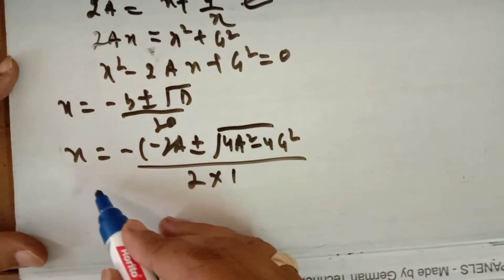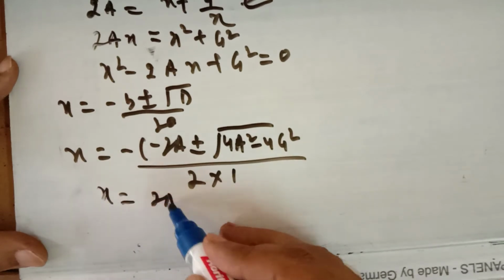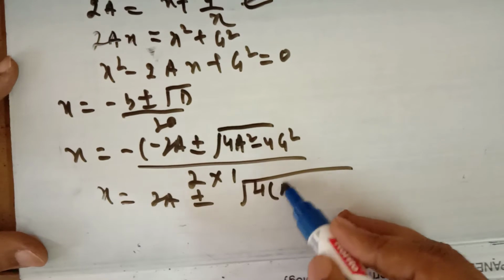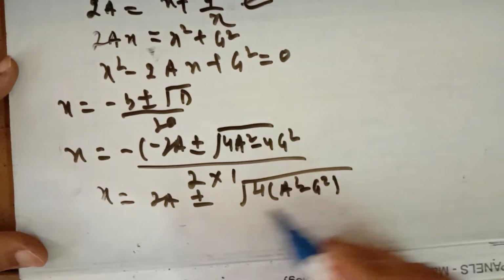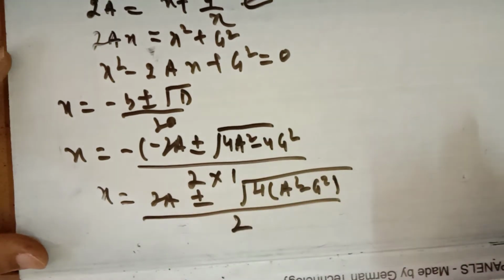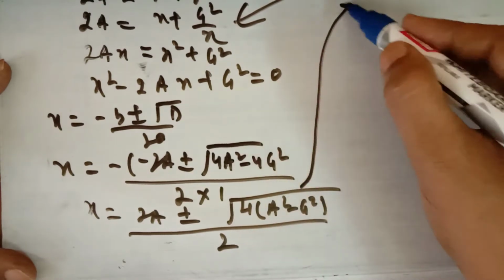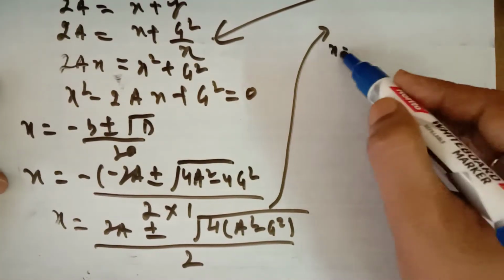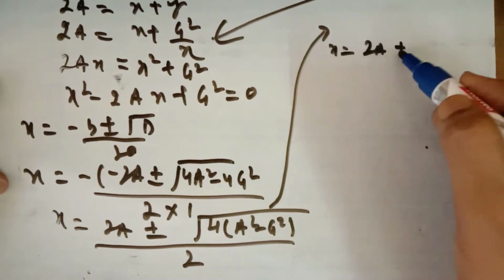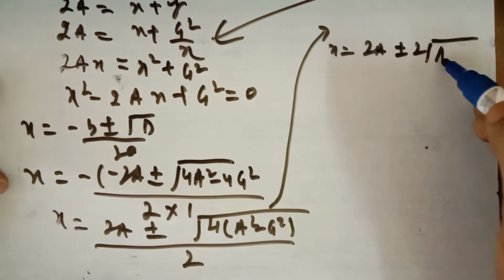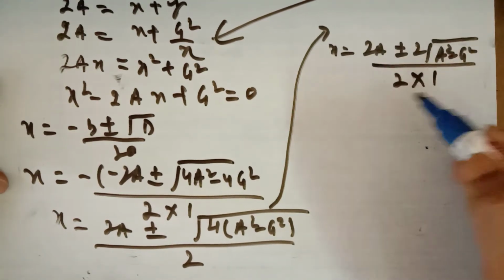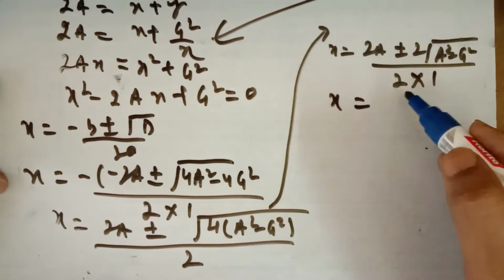Now you solve this square root, so x will be equal to 2A ± √, in this you can take 4 common, which is (A² − G²), upon 2. Now you can take 4 outside the square root, which will be 2A ± 2√(A² − G²) upon 2. So take 2 common and cancel.